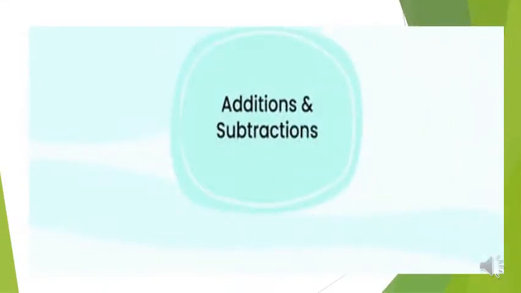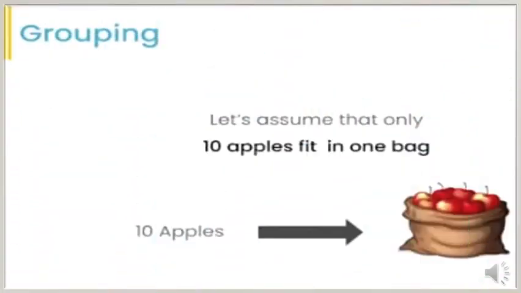In today's session we will learn about additions and subtractions. Let's recap what we have learnt in earlier classes about grouping. While representing numbers, we have learnt grouping. How we grouped is that we started collecting apples. Then we assume that 10 apples make one bag. So in one bag only 10 apples fit.